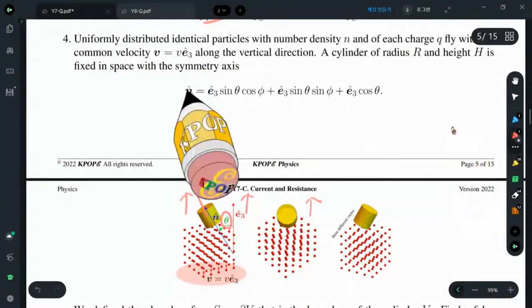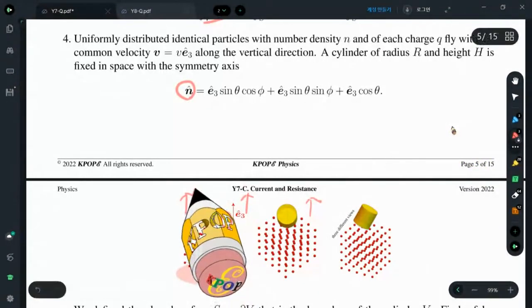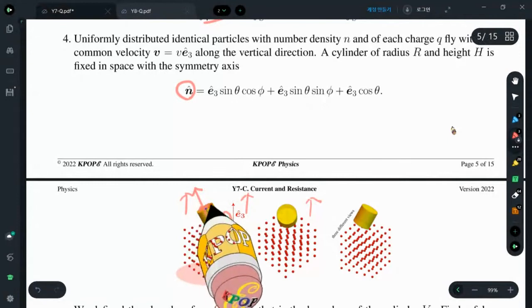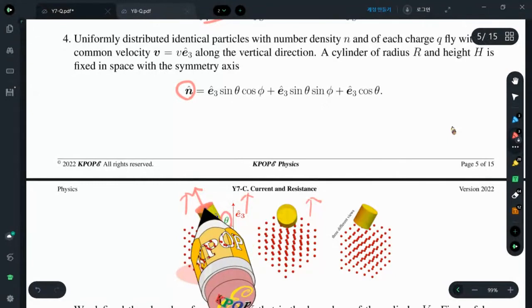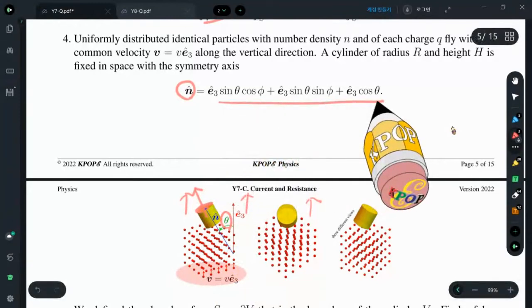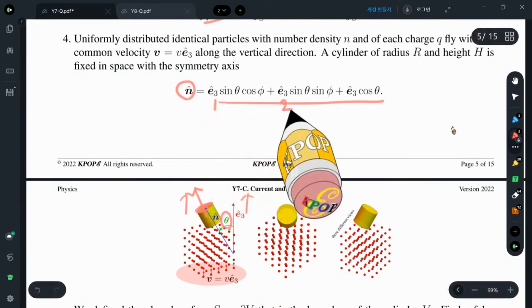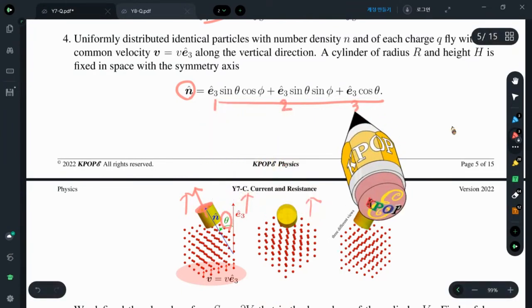Okay, the direction of this n vector that is perpendicular to the upper lid of this cylinder can be represented by this polar coordinates. Oh, I have noticed the errors. This is E1, this is E2, this is E3. That is right.